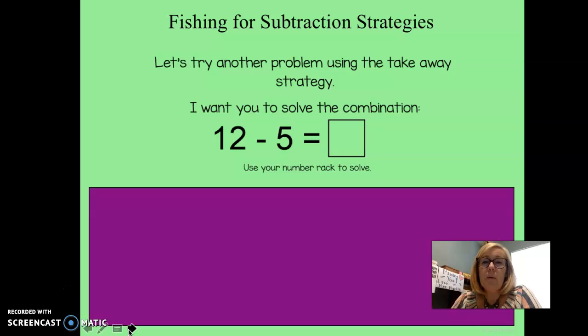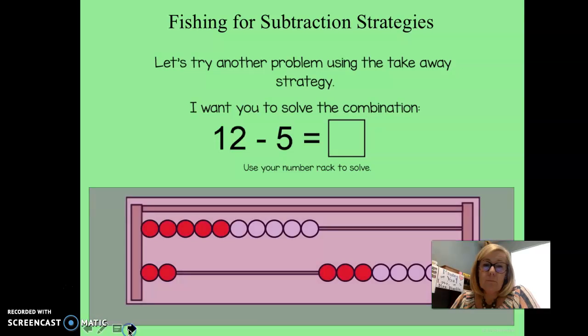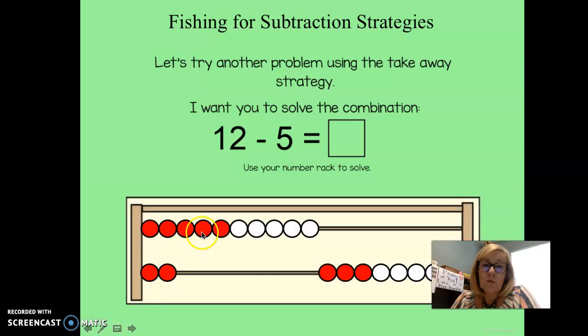Let's try another problem using the takeaway strategy. I want you to solve the combination 12 minus 5. Use your number rack to solve. The top row is 10, plus 2 more is 12.